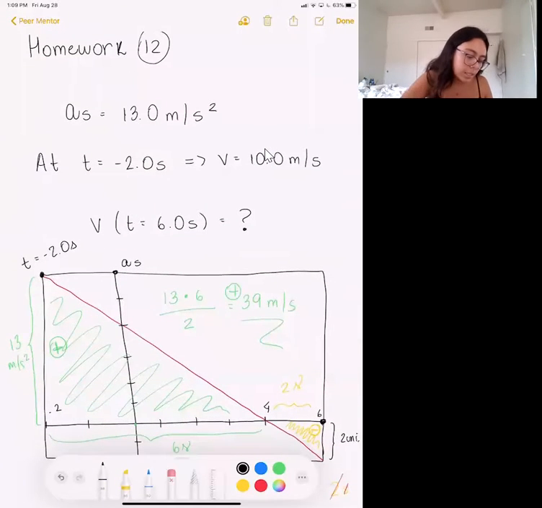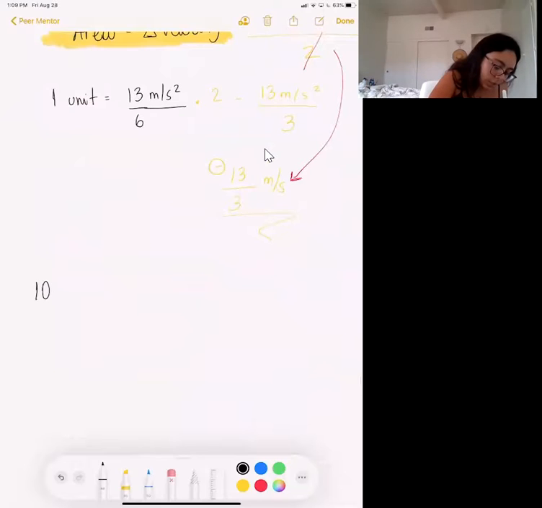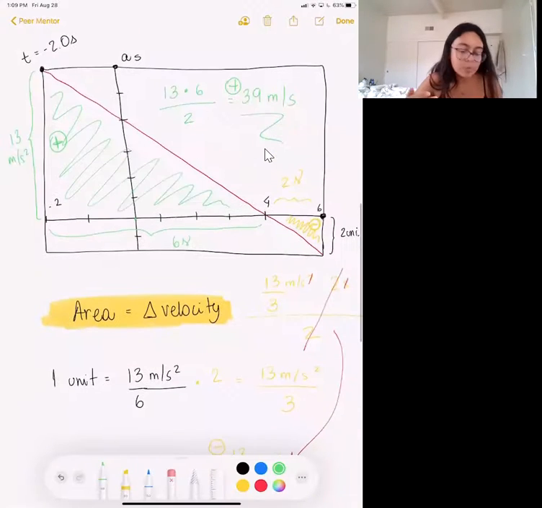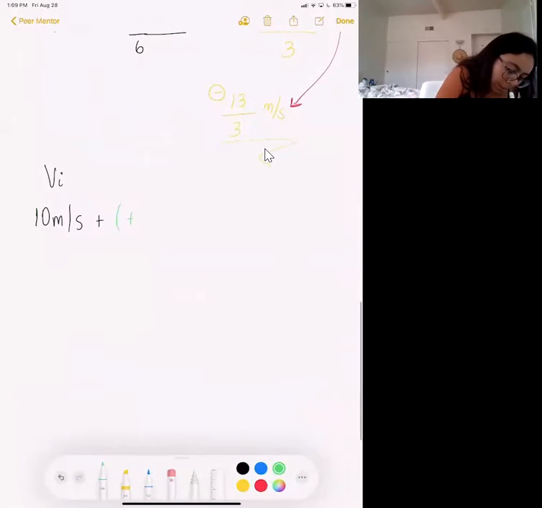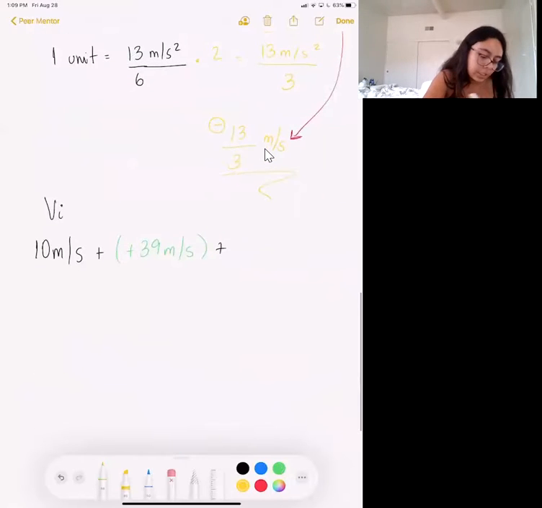We know that the initial velocity is 10 meters per second. So 10 meters per second is your initial velocity. And then we're adding those changes. We add a positive 39 because that's how much the velocity changed from -2 to 4, so positive 39 meters per second. And then we're adding the second triangle, which gives us an area of -13/3, so -13/3 meters per second.